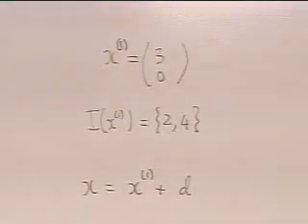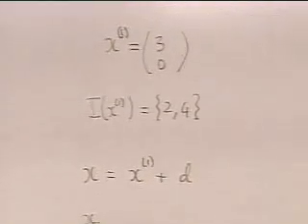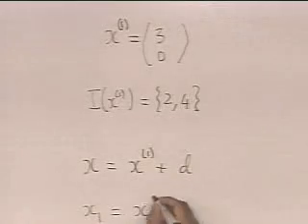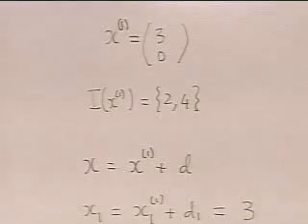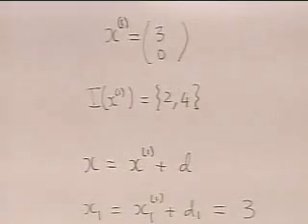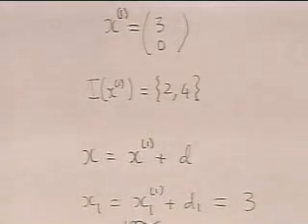And this constraint tells me that x11 plus d1 is equal to 3. I'm going to keep all the constraints that are tight at the current point tight. But x11 here is equal to 3, which implies that d1 must be equal to 0.